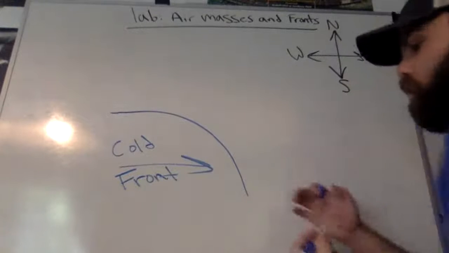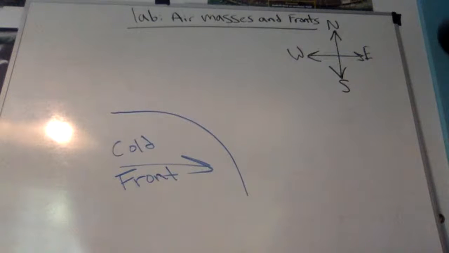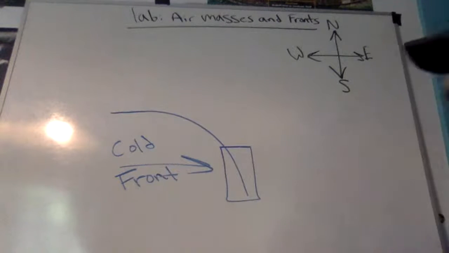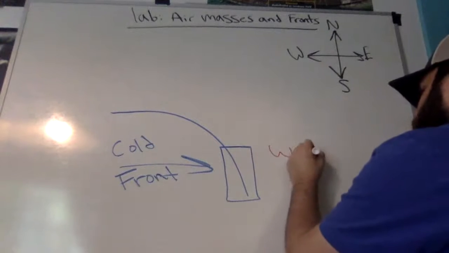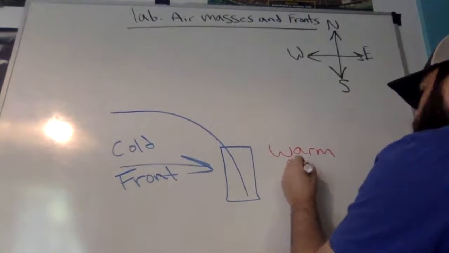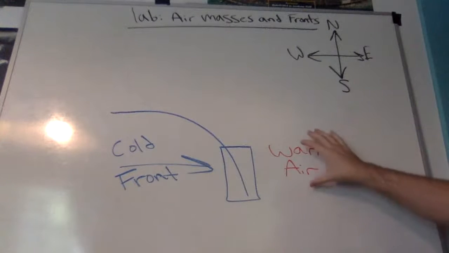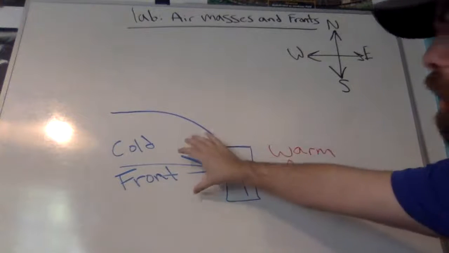So the cold front is actually the very front of it, hence the name cold front. We're right here. Now we have warm air, and remember, warm air always wants to rise. It is less dense than cold air.